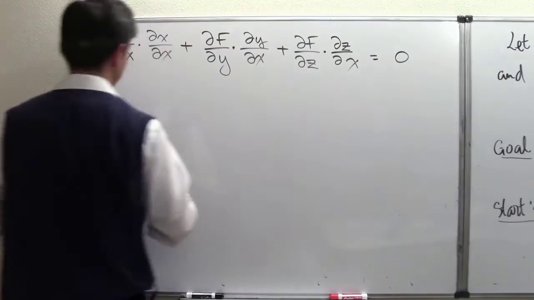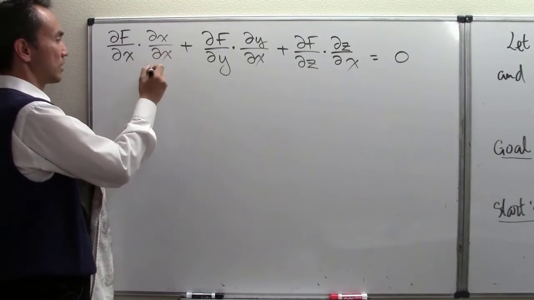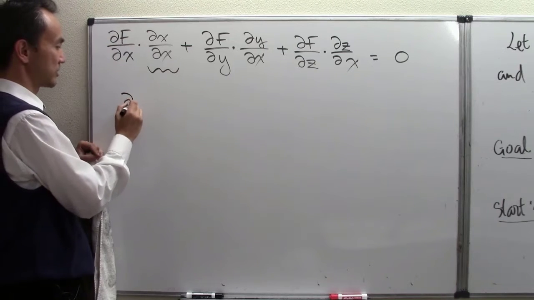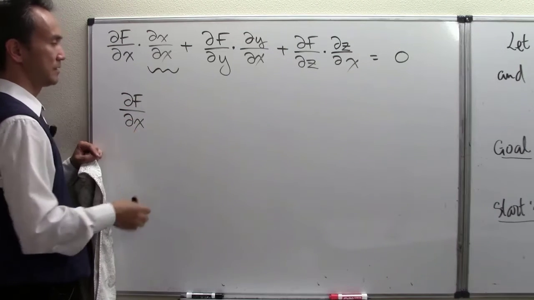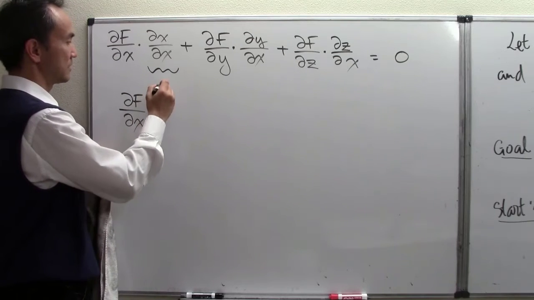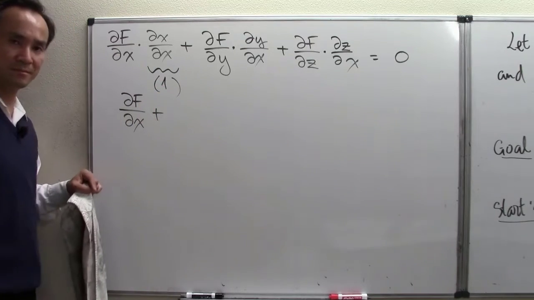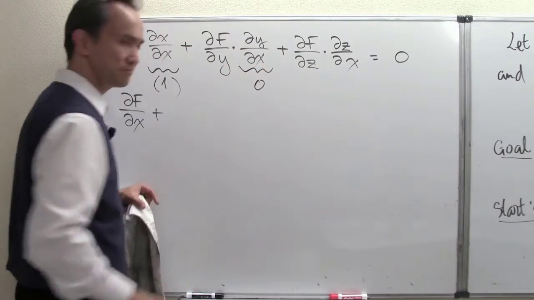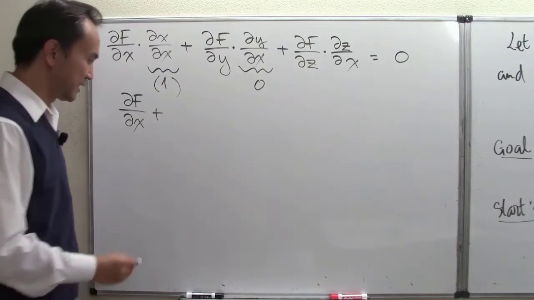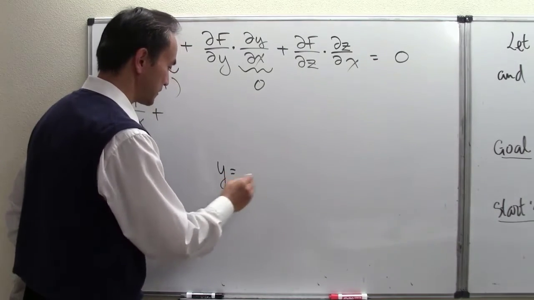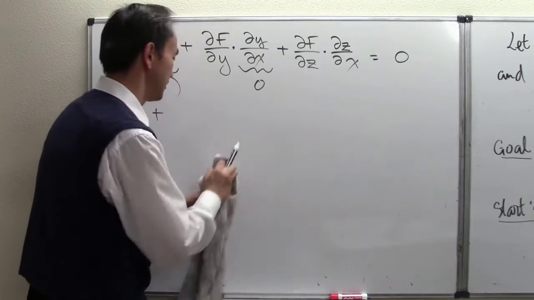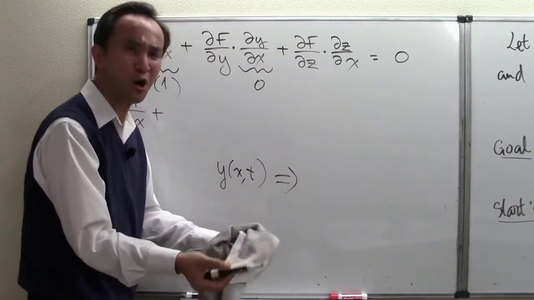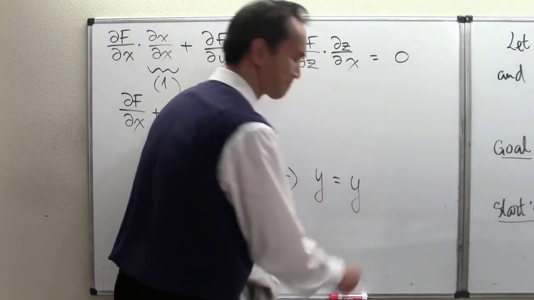And so now, if you're looking at this a little more closely, this will be equal to 1. So in my next step right here, we're just simply having dF/dx times 1, plus, and then all of that here will equal 0. Why is that? Well, y is a function of x and y, but honestly, on its own, it's y equals y.